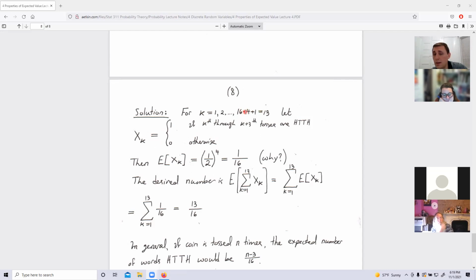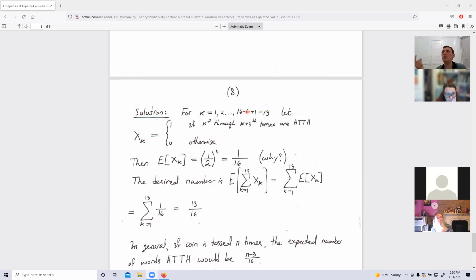Well, the last variable that has a chance of catching HTTH has to start at 16 minus 4 plus 1, or at position 13. You see, x1 starts in position 1 of the 16 letter string, x2 starts in position 2, and the last one has to start at position 16 minus 4 plus 1.